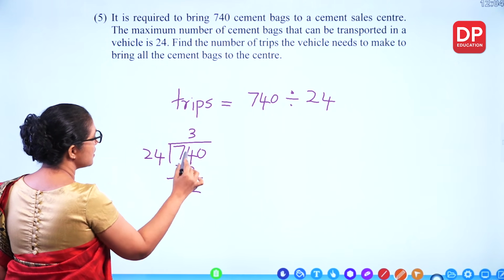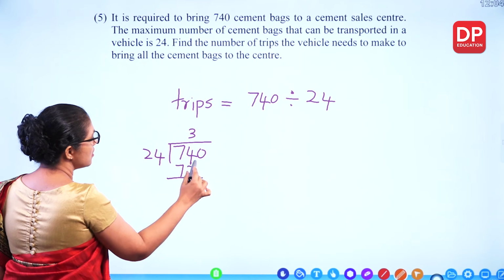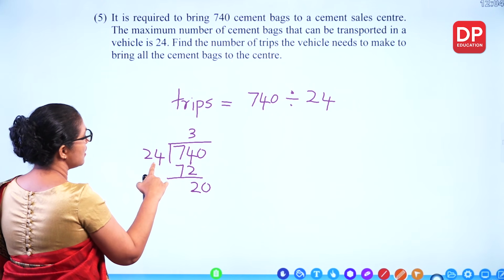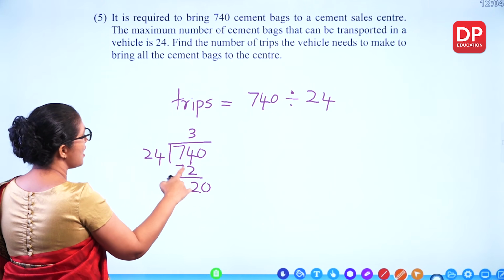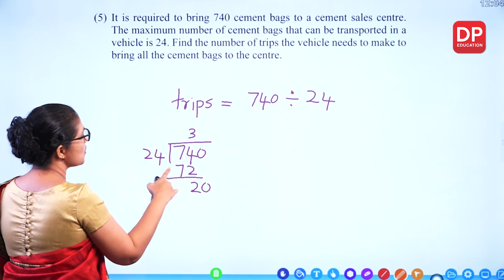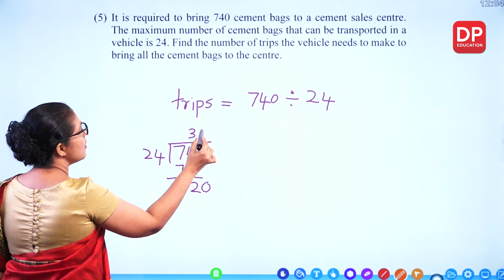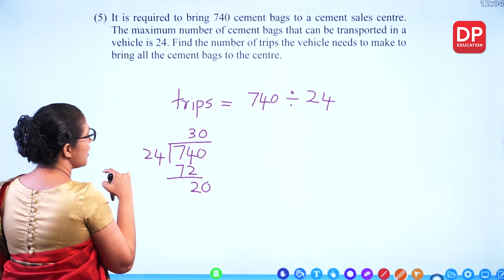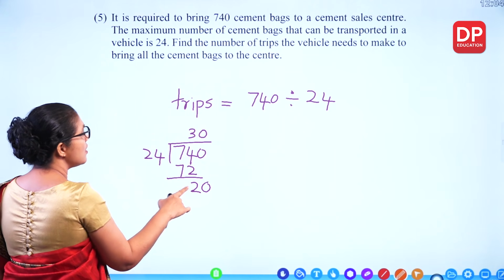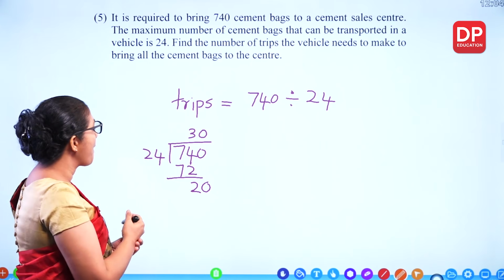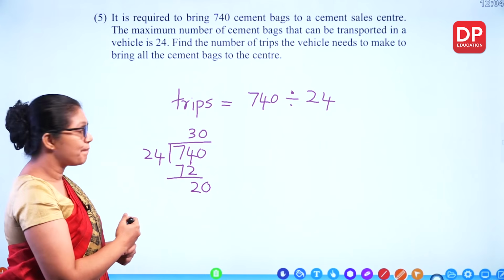Then subtract this one, 20. So again 3 times 4, 12, 3 times 2, 6 plus 1, 7. So 20. So that means you can't take this one. So that means, what's the answer?